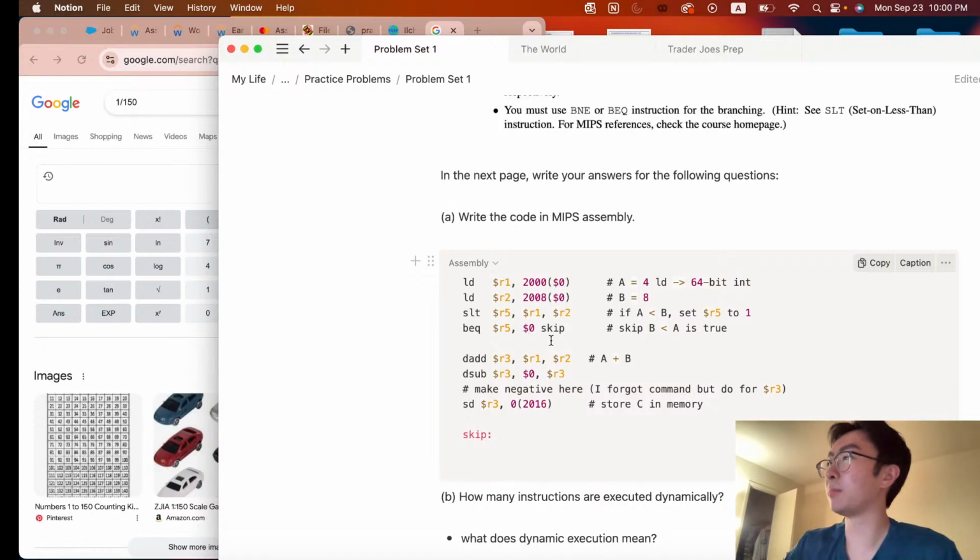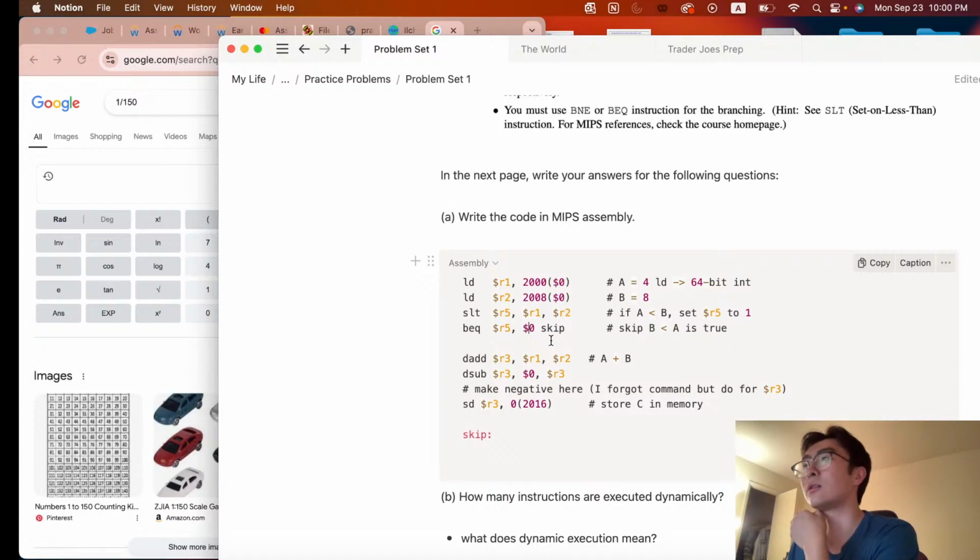So if B is less than A, which is the exact same, then this will be 1. Oh, I see, okay.